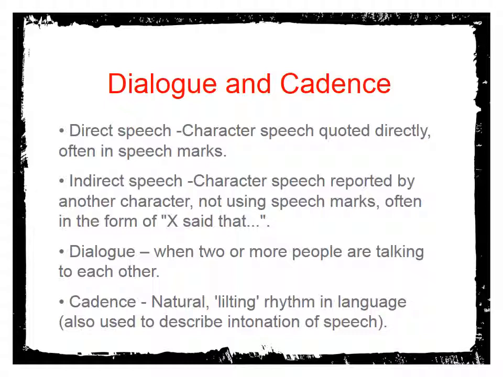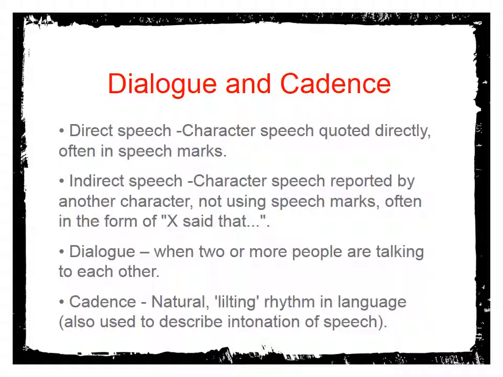We have indirect speech, where the character's speech is reported by another character, not using speech marks, but often taking the form of "such and such said that they're all too busy to come to school today." That kind of line. So watch out for those. When we're looking at dialogue, we're mostly looking at direct speech. So dialogue is when two or more people are talking to each other, a conversation, in other words.